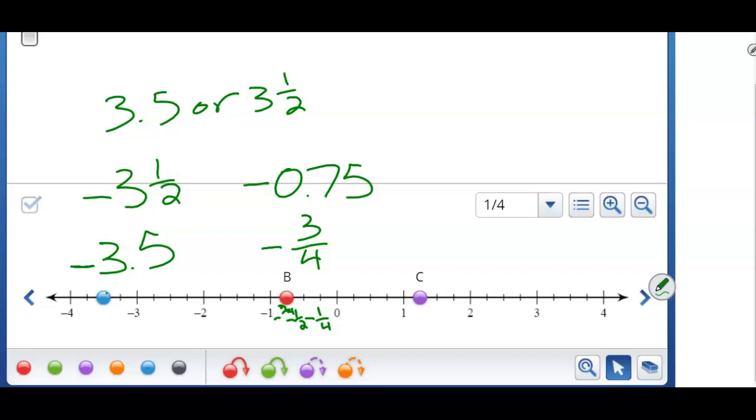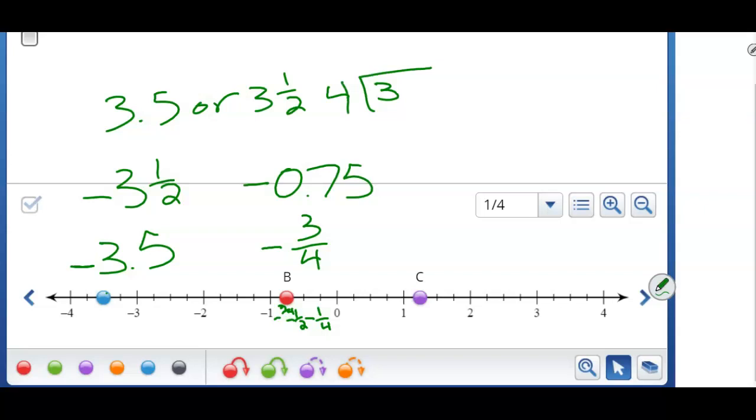There's an easier way. A fraction is just what type of problem? It's a division problem. We can divide 3 divided by 4.